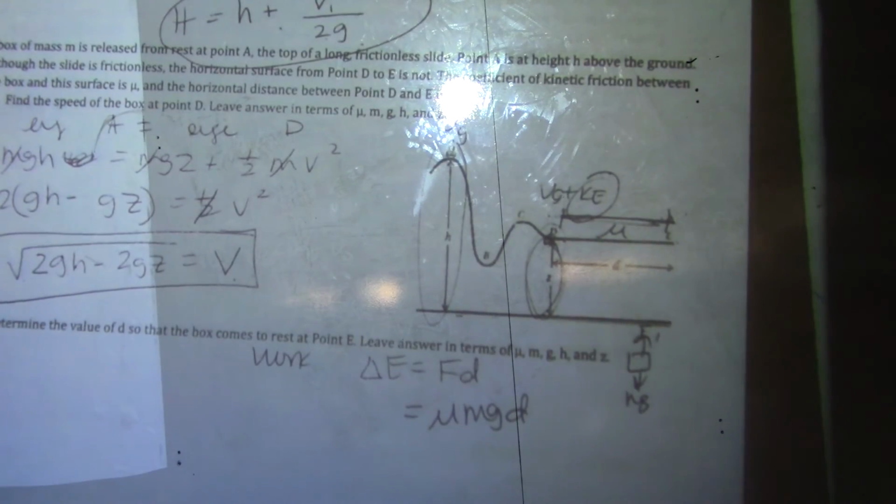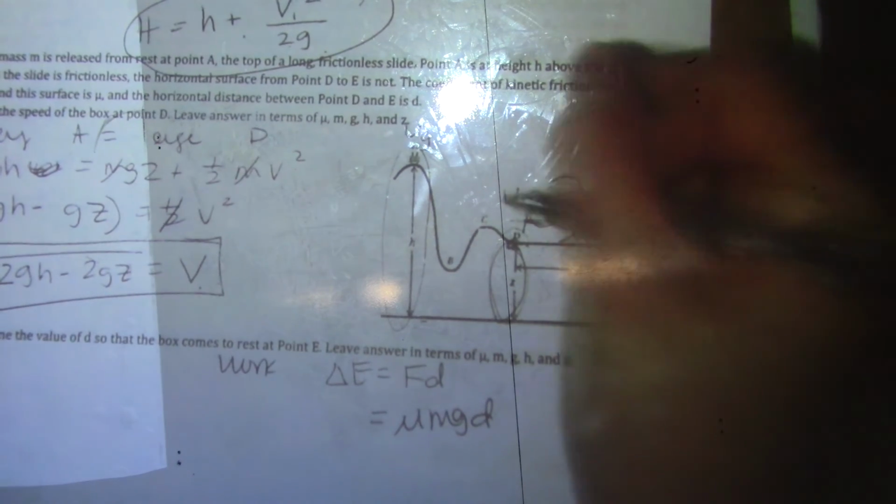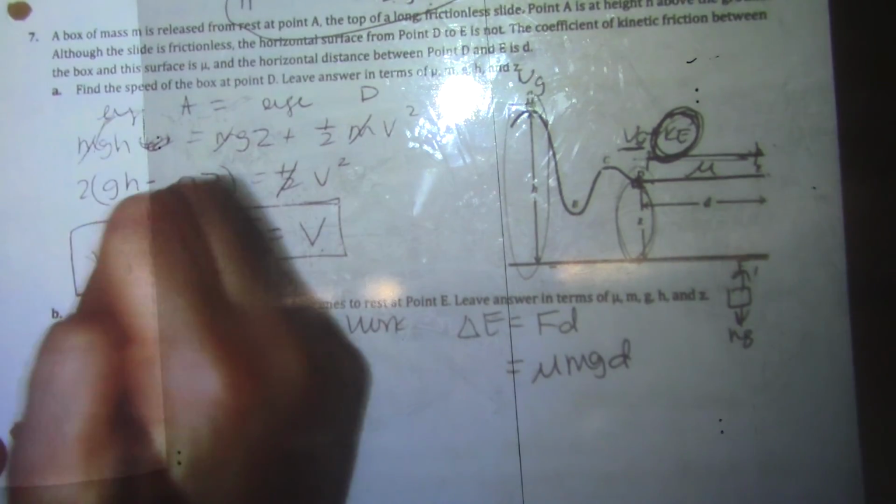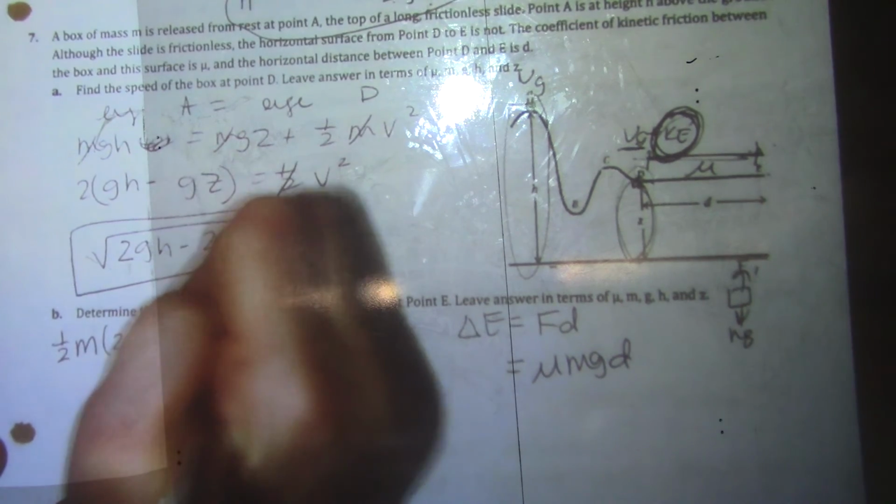Think about, from here to here, my potential energy is not changing. Only my kinetic energy is changing. So I'm going from 1/2 m, the velocity was the square root of 2gh minus 2gz, squared, to 0. So when you square the square root, that cancels out.